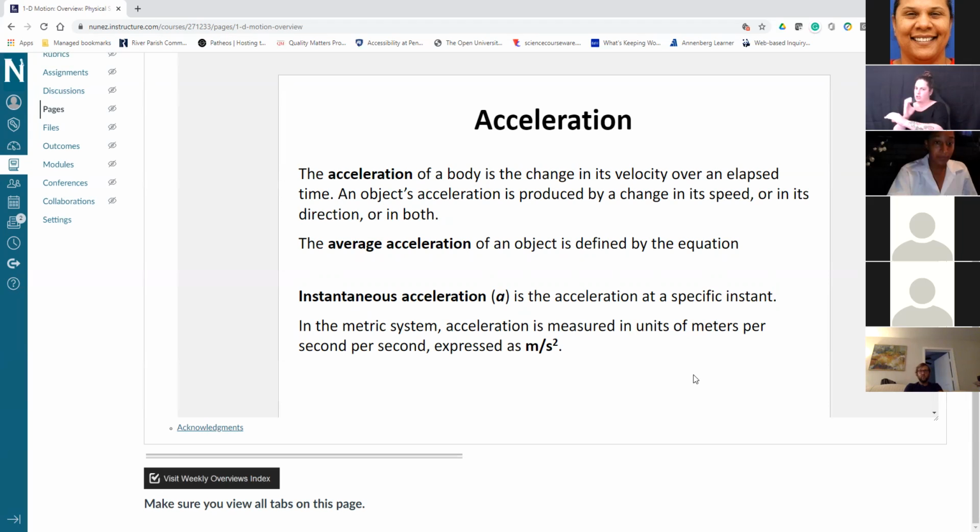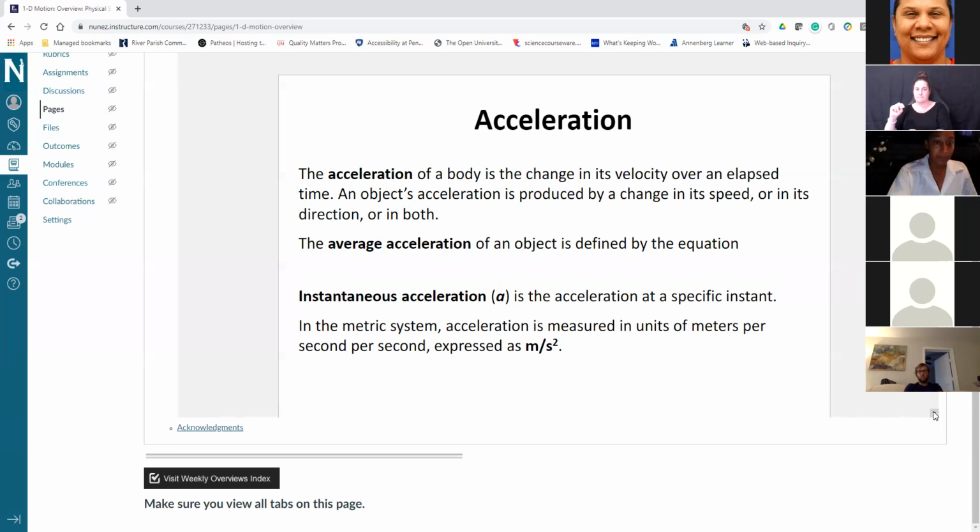It would be the acceleration at a specific instant. And here is the unit for acceleration: meters per second squared. In the metric system, in the SI system, meters per second per second. So that becomes meters per second squared.